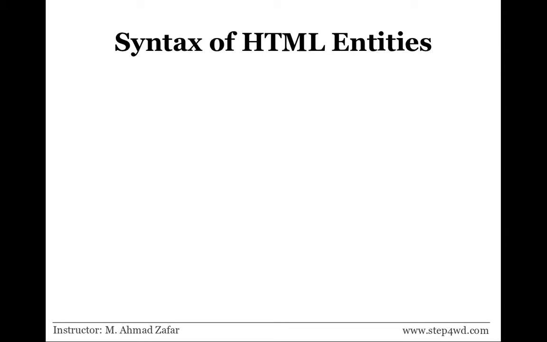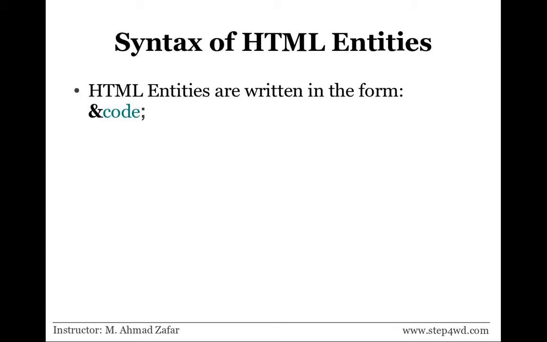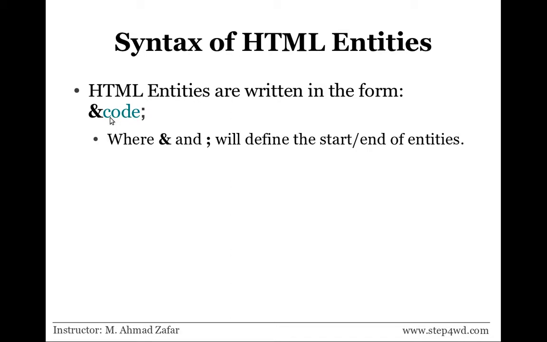The syntax of HTML entities is basically this: the ampersand sign followed by a code and closed by a semicolon. Now in this part, the ampersand sign and the semicolon are the starting and the ending closing characters of an entity, and in between is the code.